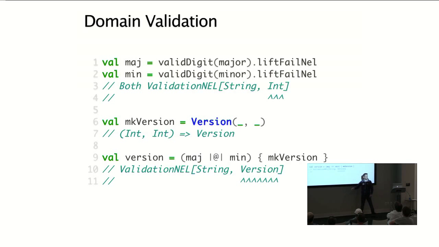So I've combined the two that produce ints if they're successful, and now I have a thing that validates a version. In the end, I get a version object if it's successful. And if there were any failures along the way, I get them all collected in the left-hand side as a non-empty list of strings. How's that?